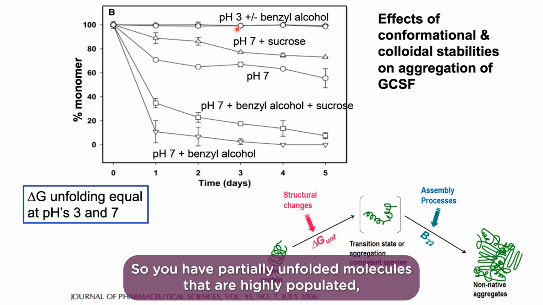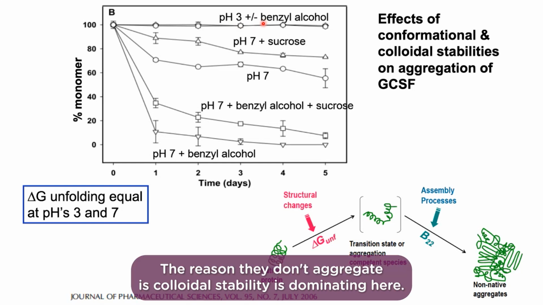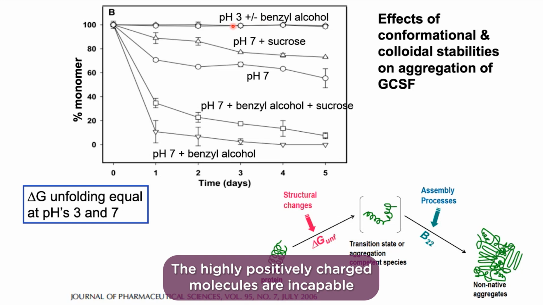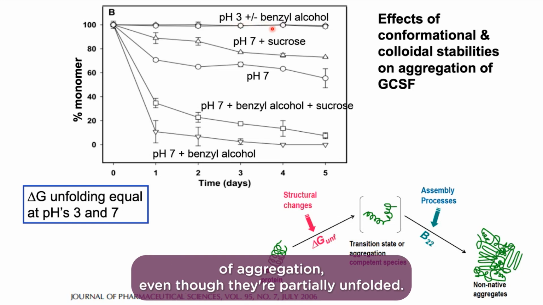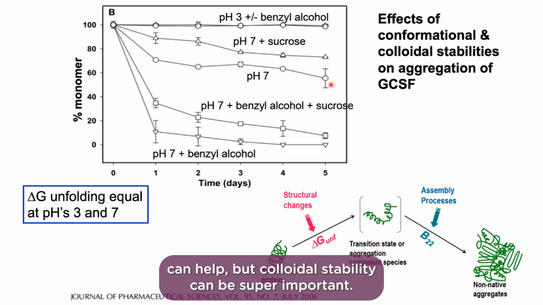So you have partially unfolded molecules that are highly populated, but they don't aggregate. The reason they don't aggregate is colloidal stability is dominating here. The highly positively charged molecules are incapable of aggregation, even though they're partially unfolded. So conformational stabilizers like adding sucrose can help, but colloidal stability can be super important.